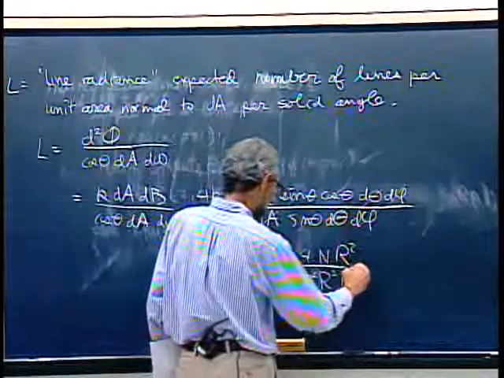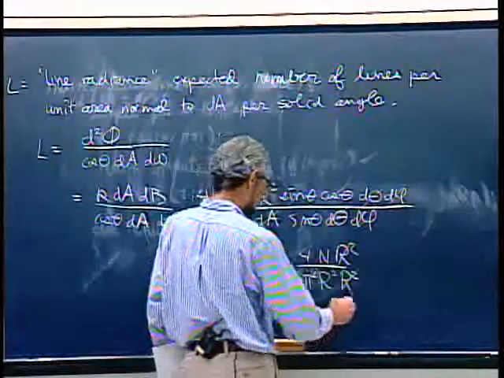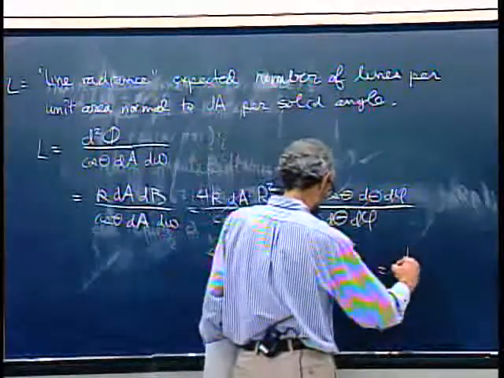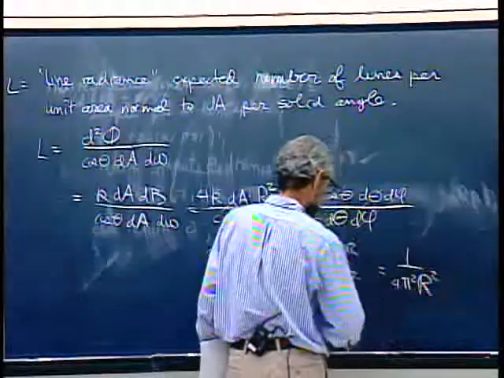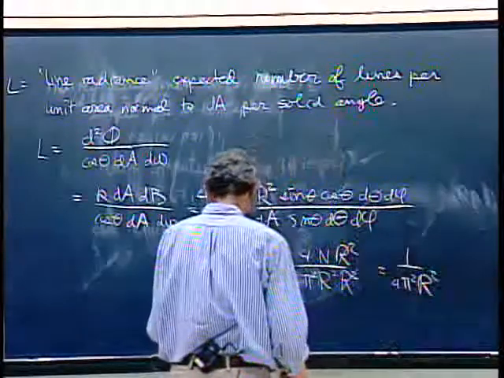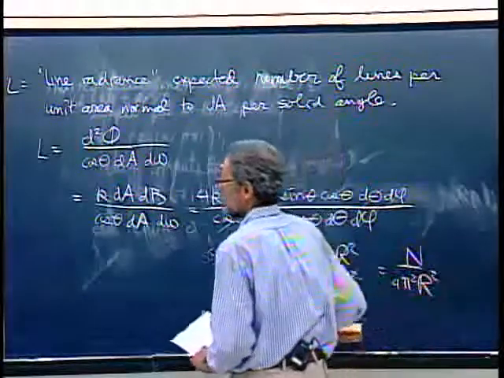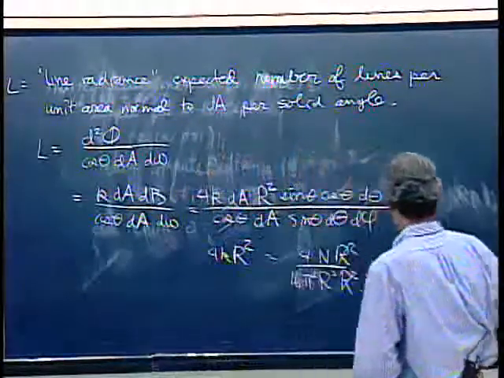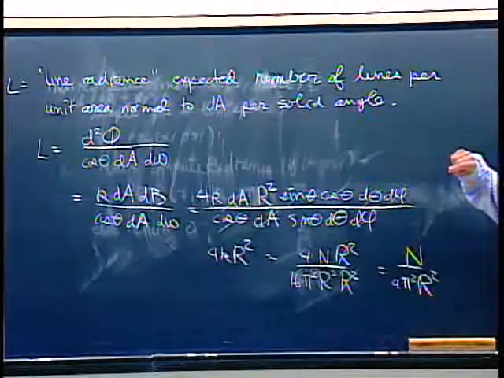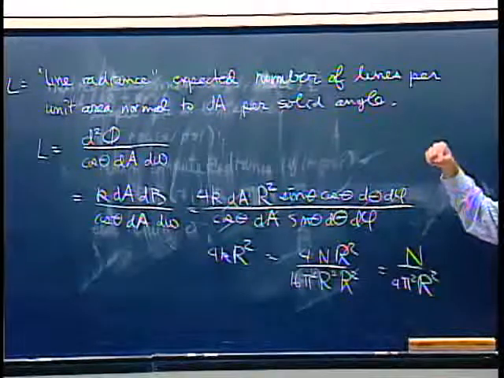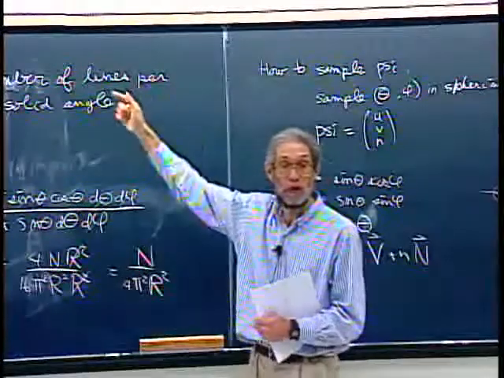So let me put two r squareds in the denominator, and now I can cancel one of them with this, and I have n over 4 pi squared r squared. So that's my constant. I have verified that this method of choosing two random points on a sphere gives me a constant line radiance, at least as measured on the sphere.